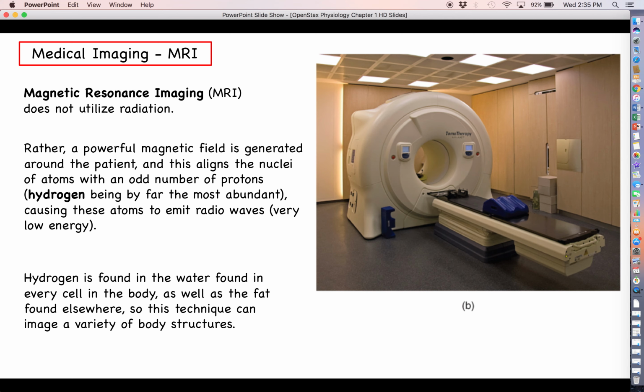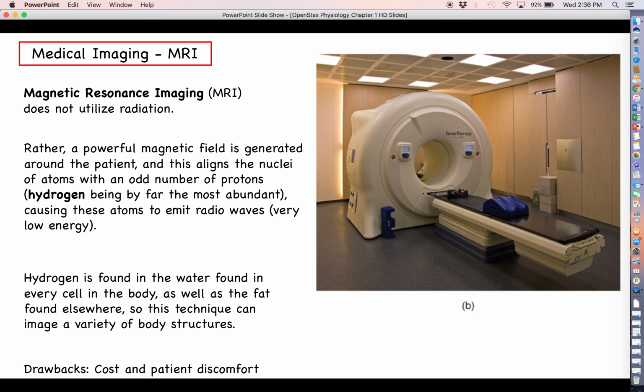It's found in the water that is in every cell and every tissue in the body. It's especially abundant in fat molecules. So we can use this technique to study a lot of different body structures. Anywhere there's hydrogen in the body, an MRI can detect that particular structure.